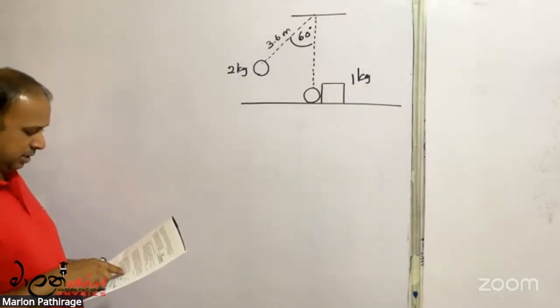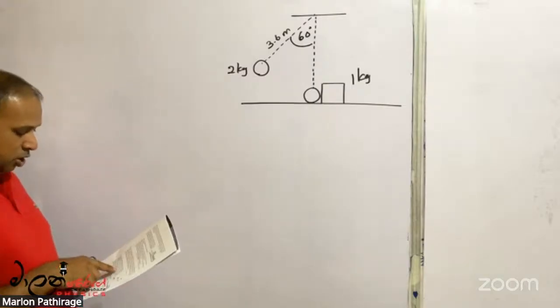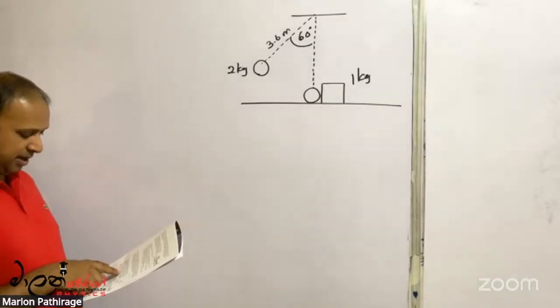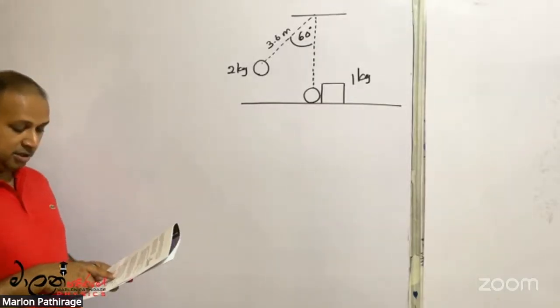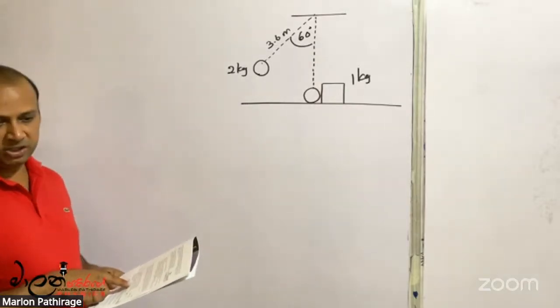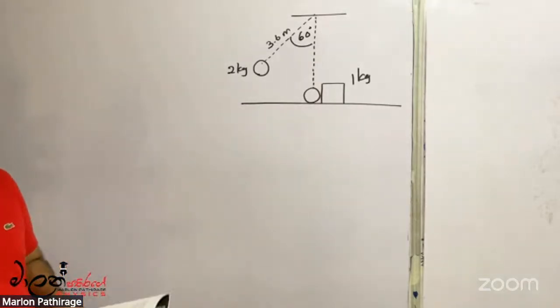When the string is vertical, the 2 kg mass is just touching a 1 kg block of wood on a rough horizontal surface.